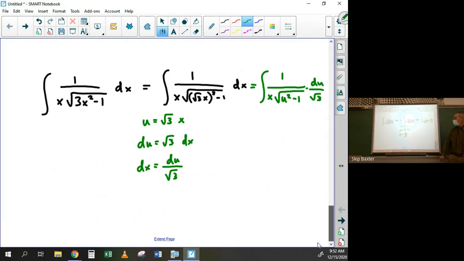Multiply 1 over radical 3 times 1 over x radical. Basically you would get 1 over radical 3x times radical u squared minus 1. And then 1 over radical 3x is equal to u. Then it would be 1 over u times radical u squared minus 1.